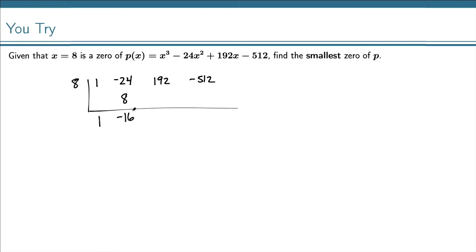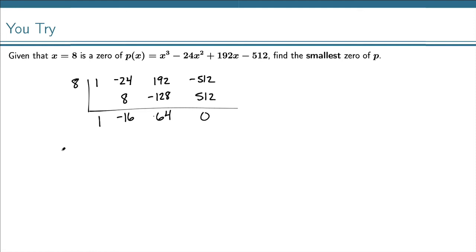Then 8 times -16 is -128. 192 plus -128 is a positive 64. And then 64 times 8 ends up being 512. And it better be, because we know these need to cancel and give us a 0, since 8 is a 0.